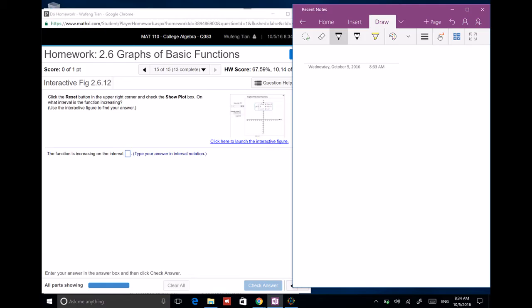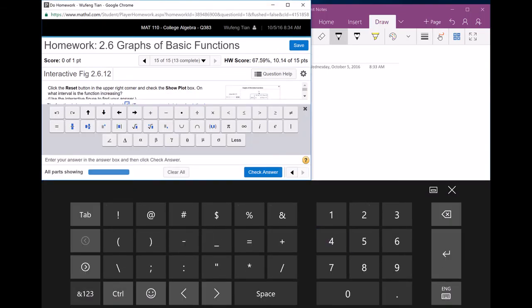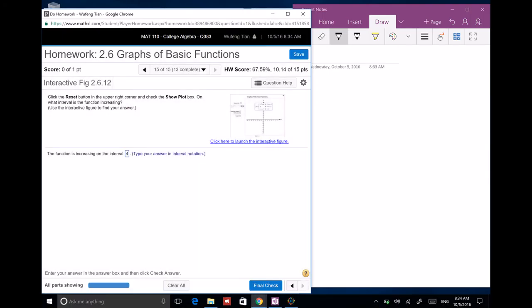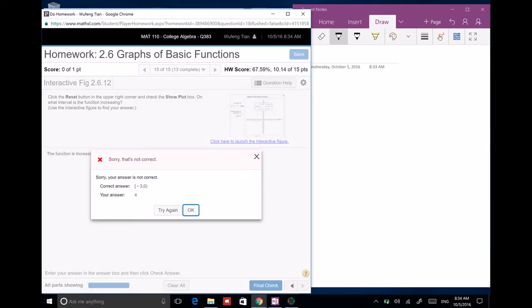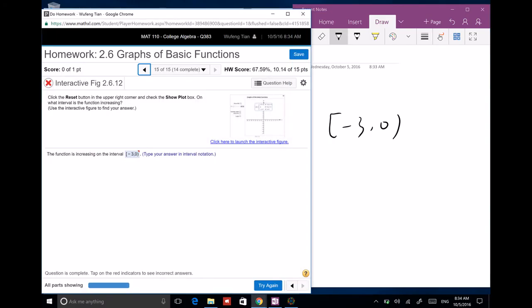Homework about this function. Well, if you cannot see it, just click anything and it will pop up with the same question. Because I really don't like this kind of questions, but next time we probably will get rid of all of this. So just say try again, if you really cannot open it. So it's -3 to 0, right? Alright, so now what do you need to do? Try again. You just put -3 to 0 here.